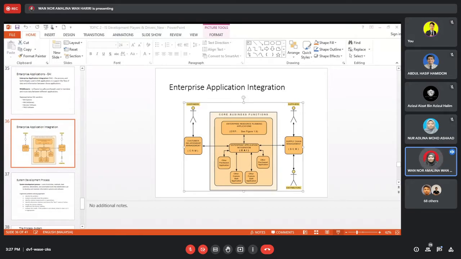So once the top management have chosen the best course of action, then only you will be able to design and implement the solution. Okay? Provide the alternative solution, let them or the top management to choose. Then once they have chosen it, you have to design and implement the chosen solution.